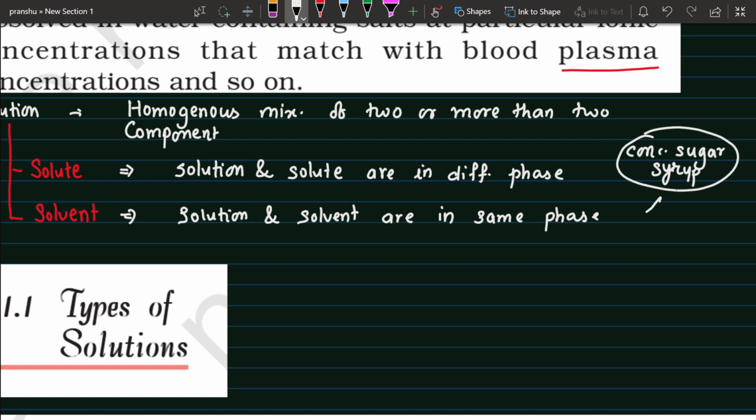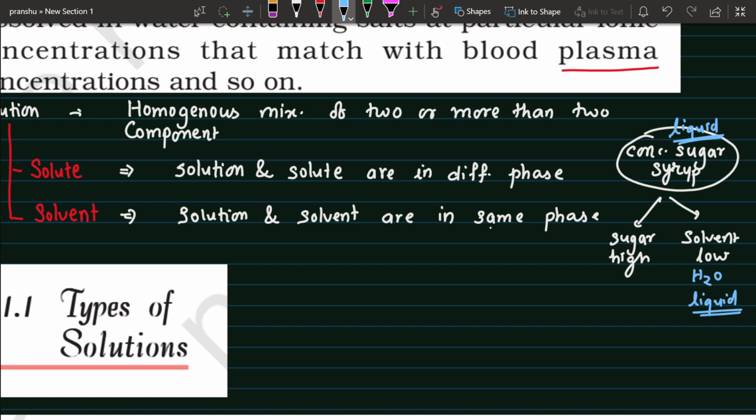Here the concentration of sugar is high and the solvent is low, but it appears like a liquid and water appears like a liquid. So liquid and liquid means same phase.